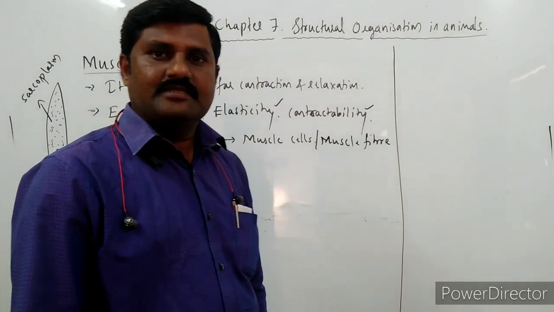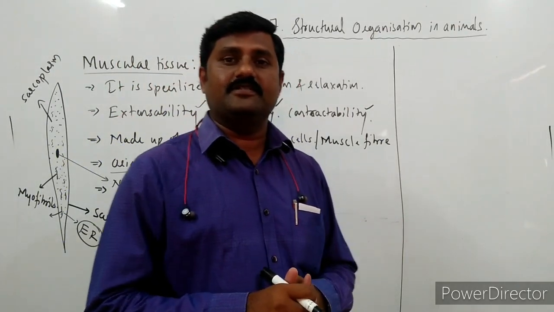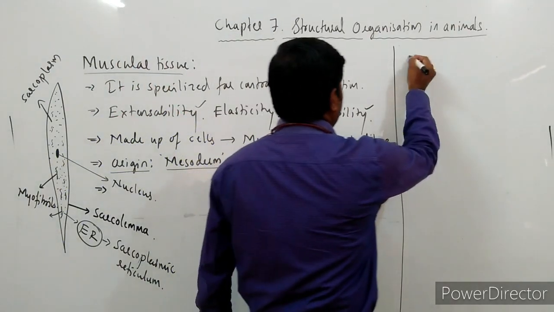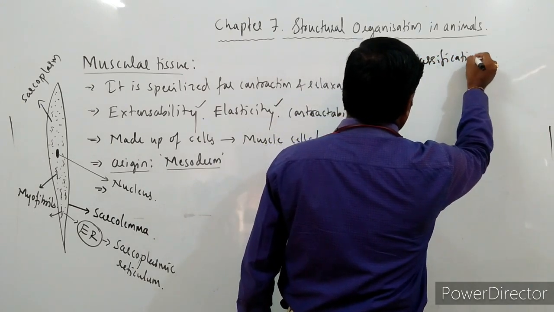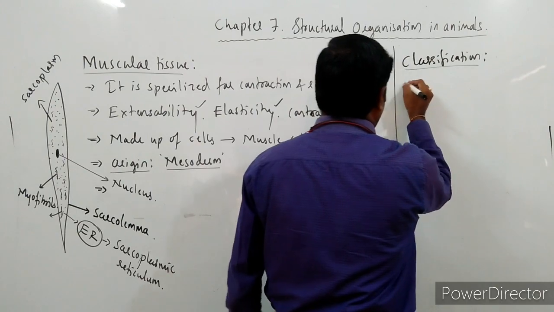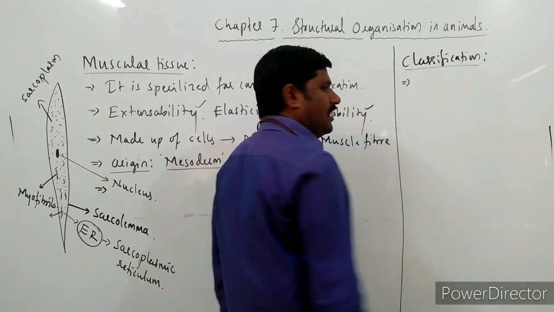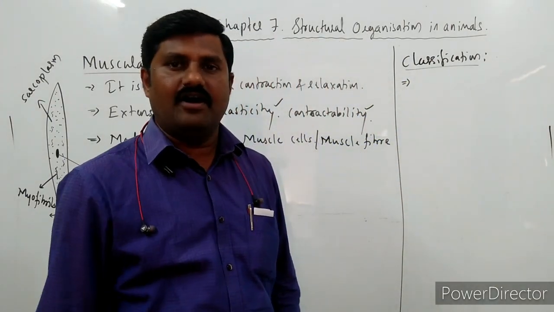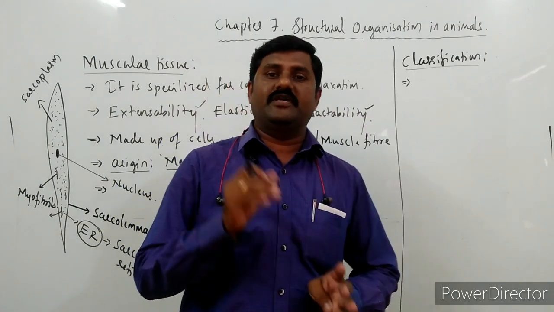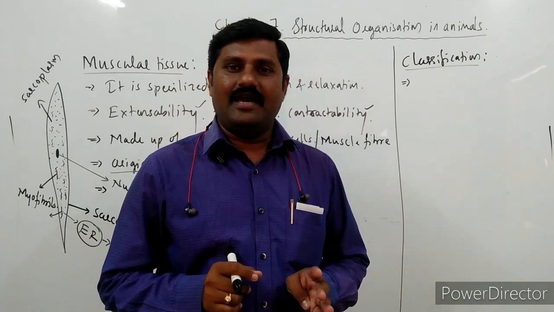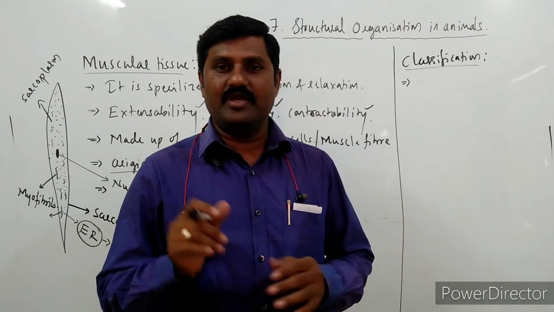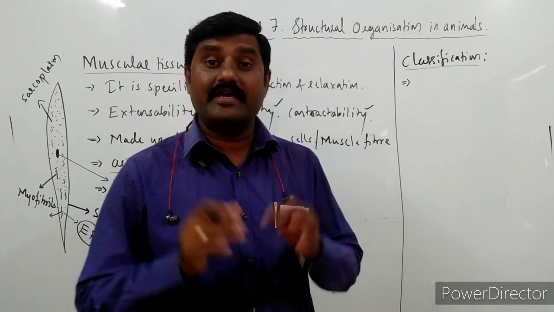What is that? The classification of these muscle fibers, right? How are these classified over here? These are classified on the basis of their microscopic structure. Structure is considered over here. And one more important point is their location.